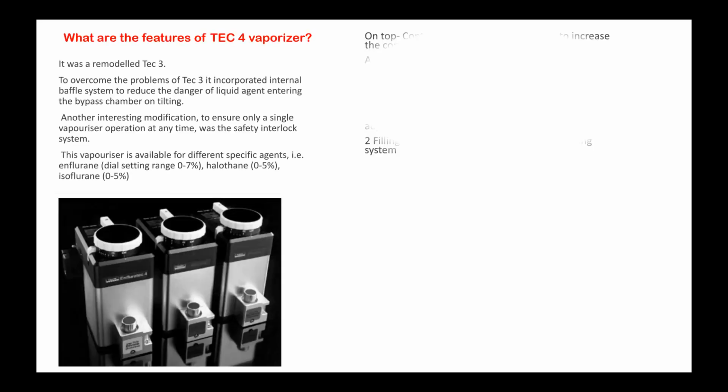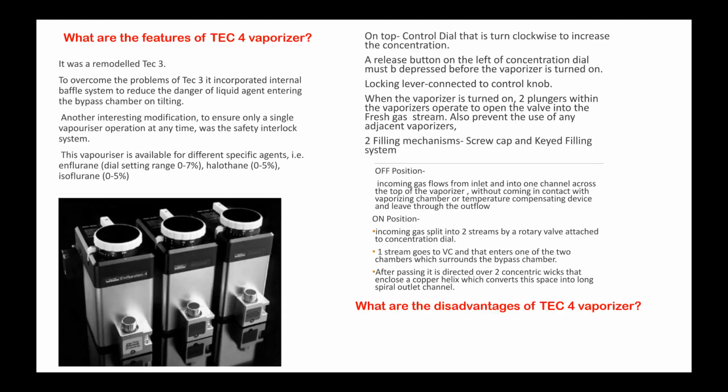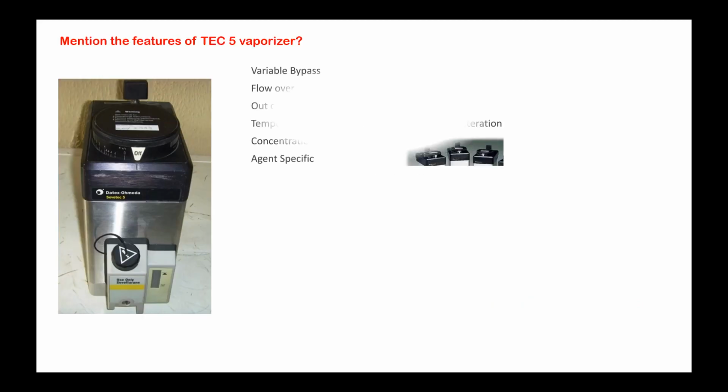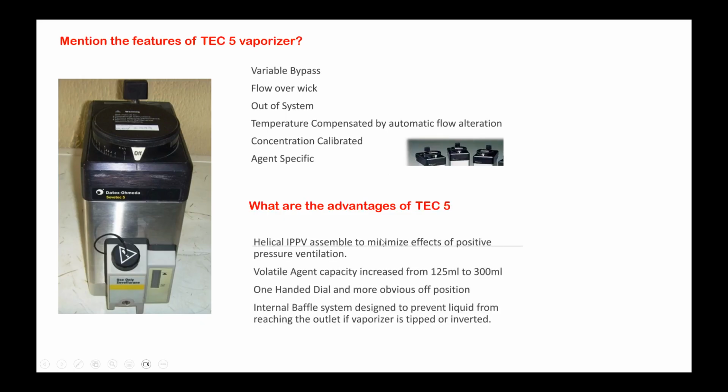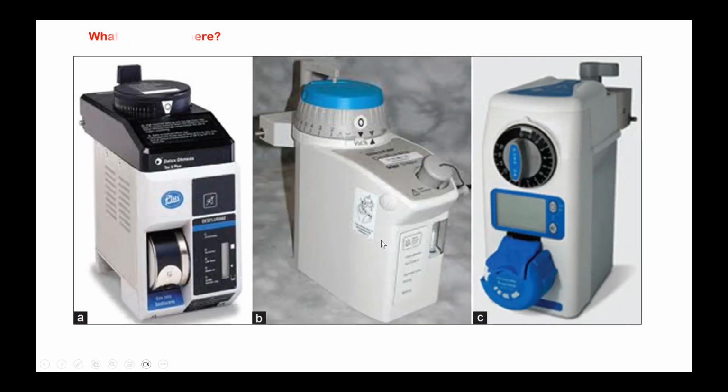Tec 4 vaporizers, they are different. Tec 5 features are variable bypass, flow over, out of system, temperature compensated, concentration calibrated, agent specific. Just like the six descriptions I told you in the beginning that you have to use for all these various vaporizers also.